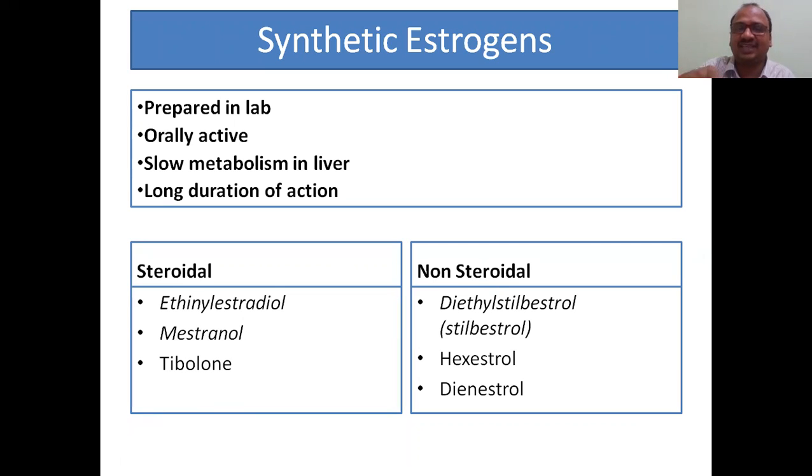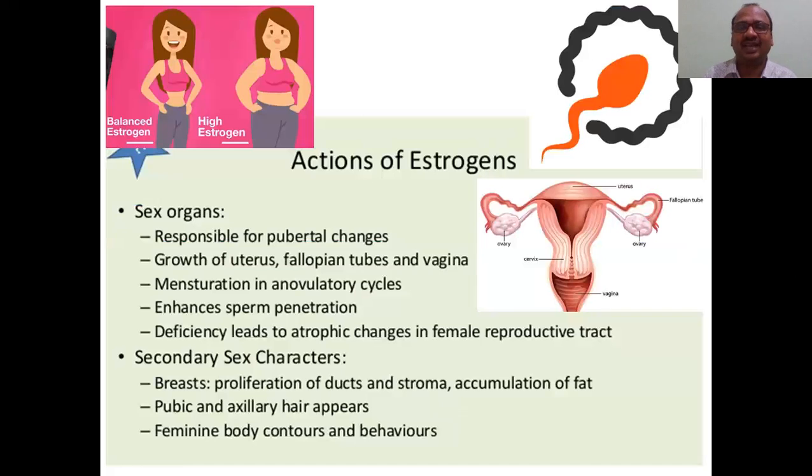Still, even though it doesn't consist of a steroidal ring, still it is best. Diethylstilbestrol is also called stilbestrol. Hexestrol, hexa means 6. Dienestrol, diene means two double bonds.